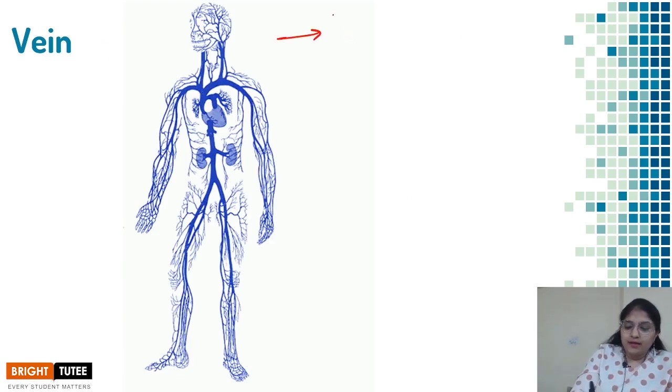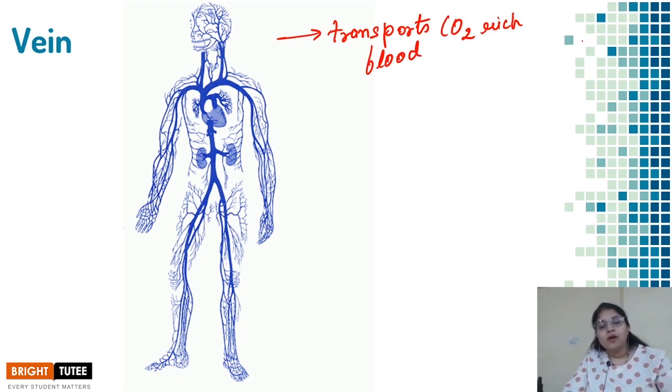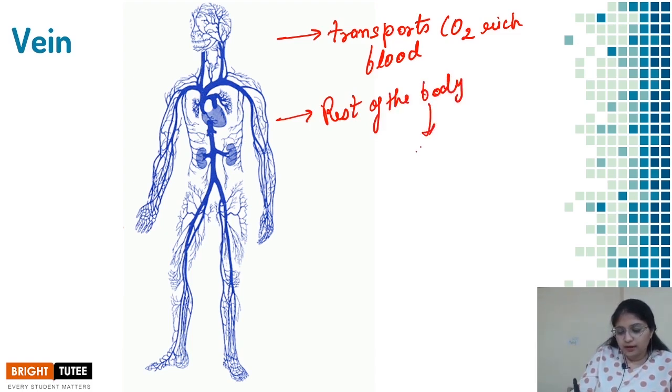So, a vein is the blood vessel that transports carbon dioxide rich blood. When it is transporting carbon dioxide rich blood, you can also understand that the transportation will be from the rest of the body to the heart.